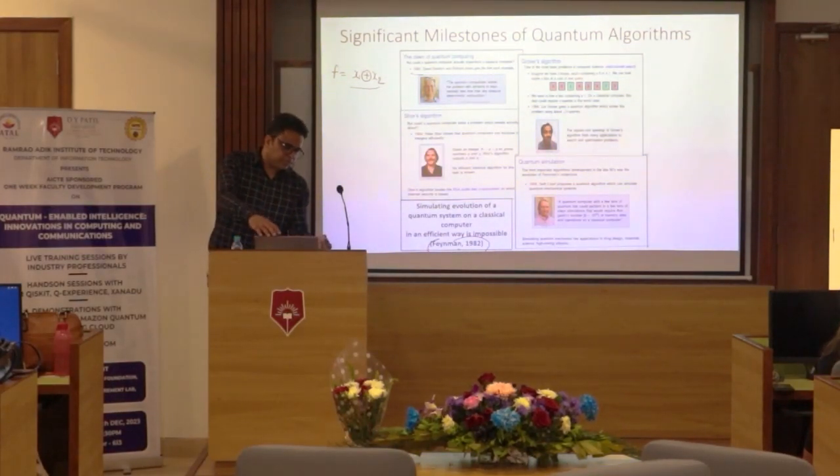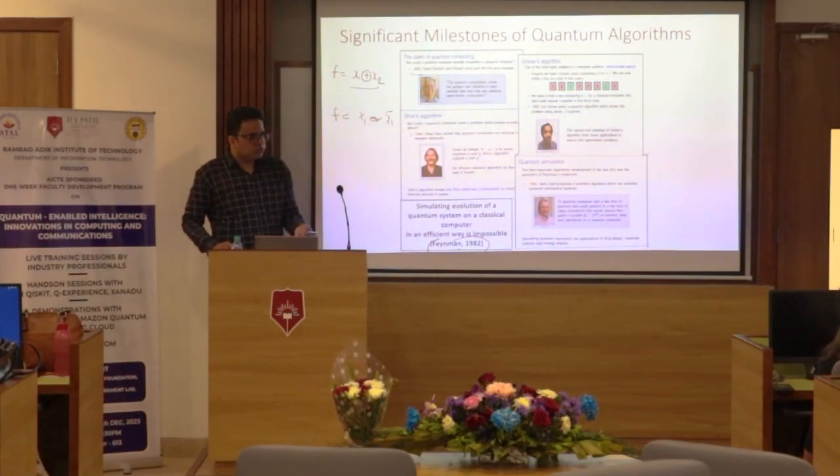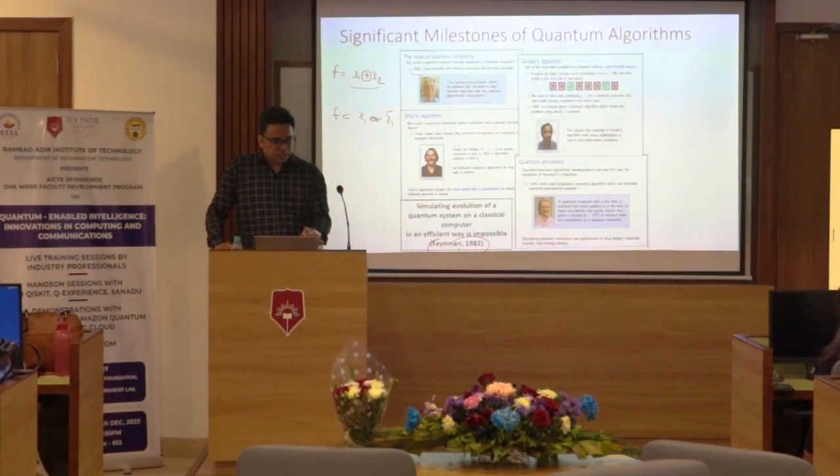Suppose there is some function which is constant, like x1 or x1 bar. So it's practically constant only. I am taking a very small example, but to understand, these functions are examples of constant or balanced functions.